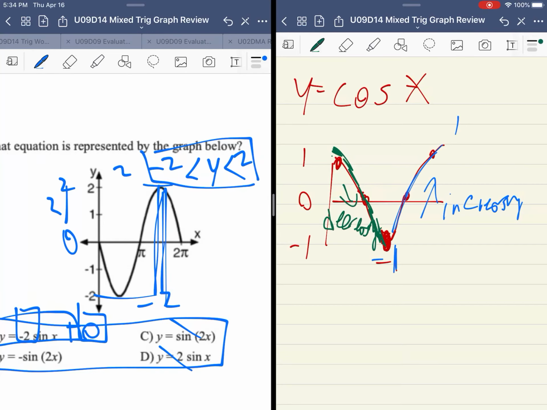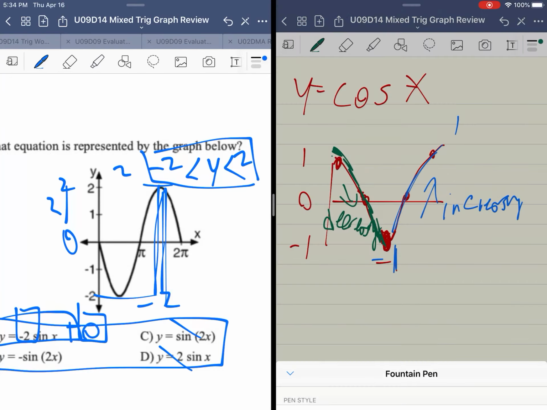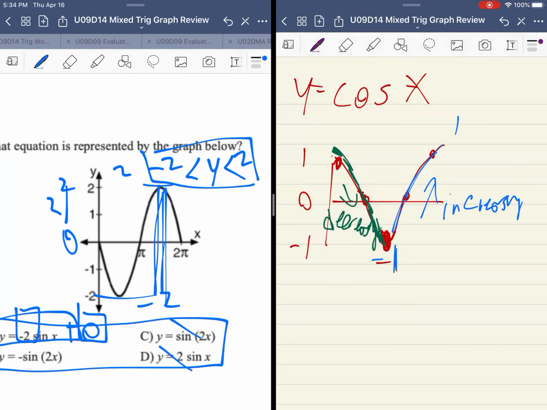If I asked you what sections of the graph are doing this, we remember that the graph ends normally at 2 pi, which means the middle section is pi, or halfway. The beginning is 0. Between pi and 0 is pi over 2, or half of a pi.